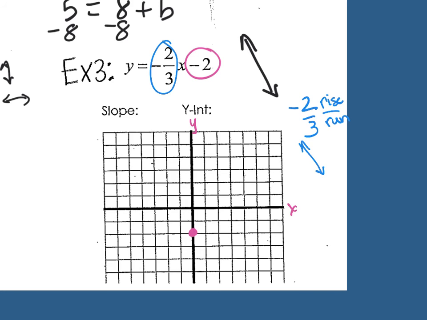So from that point, I want to go down 2 and over 1, 2, 3. Okay, and I guess I can make another point down there. So I can go down 2 more and over 1, 2, 3. And then draw a line through those points. And you're done.